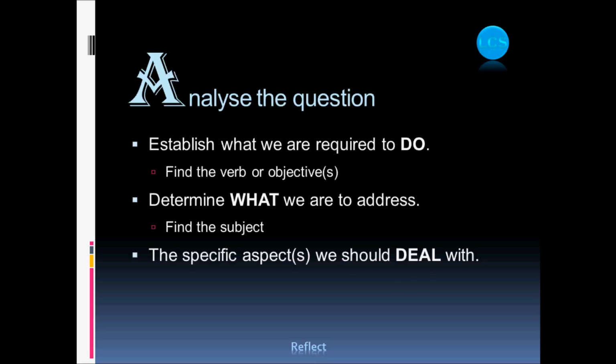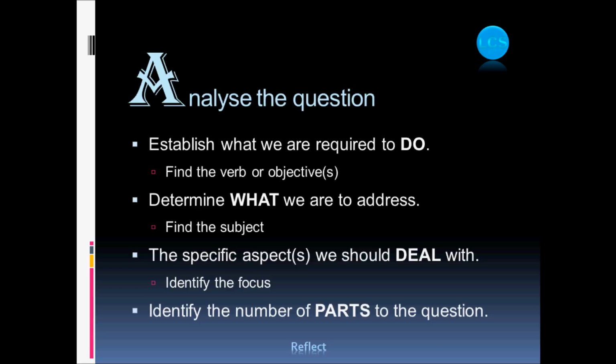And before we move on, often we need to look for that specific aspect of the subject that we're required to deal with. In other words, we need to identify the focus that is required in answering the question. Please don't forget to identify the number of parts of the question. Far too often students get involved in answering the question and forget to complete the remaining components required. This has a devastating effect on the results.